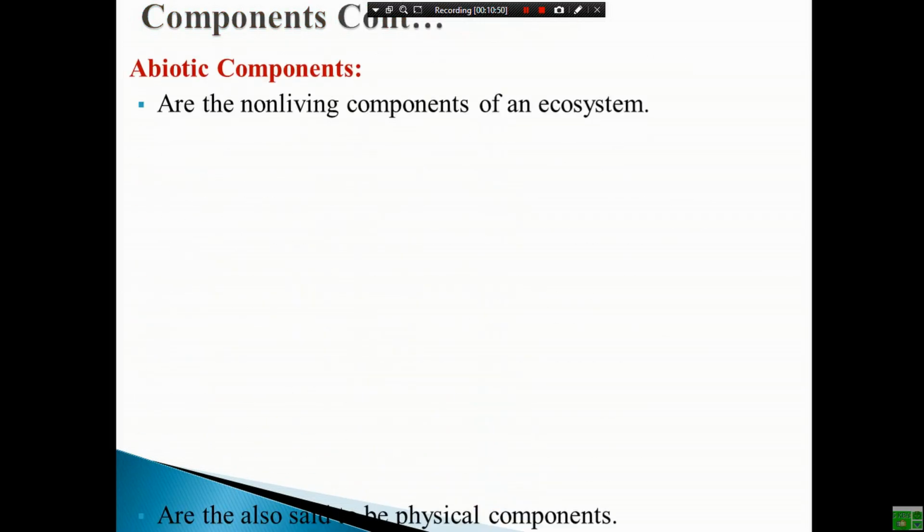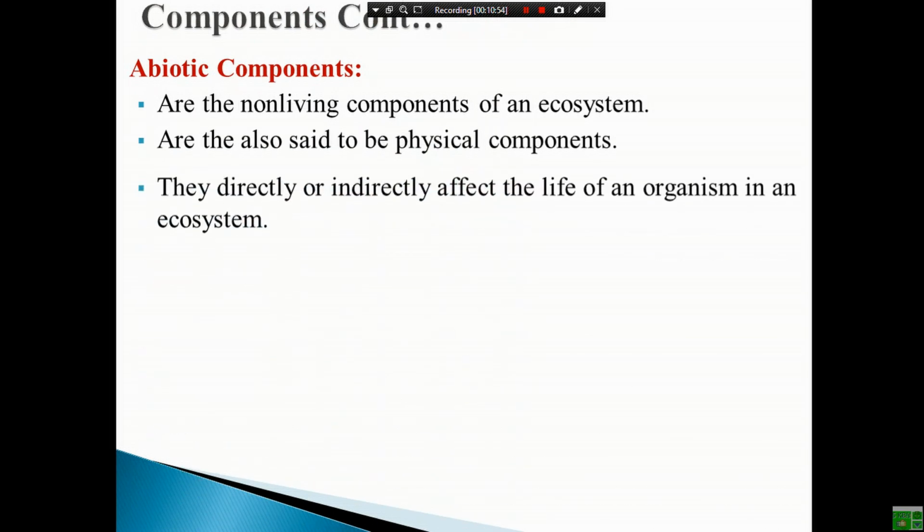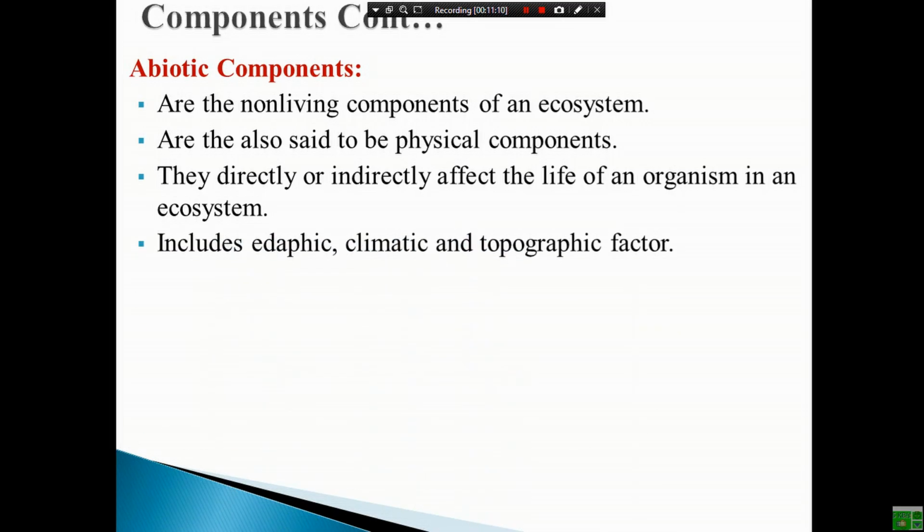Again, the next type of ecosystem factor or component is abiotic. Those are the opposite of biotic, the non-living components of an ecosystem, also said to be physical components. They directly or indirectly affect the life of an organism in an ecosystem.